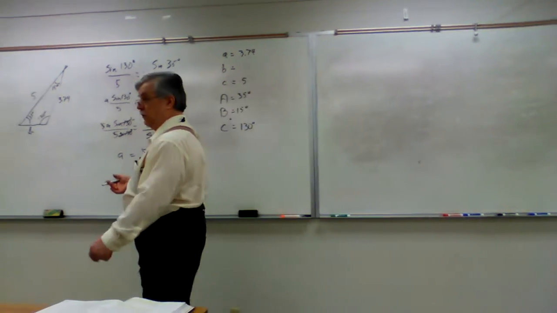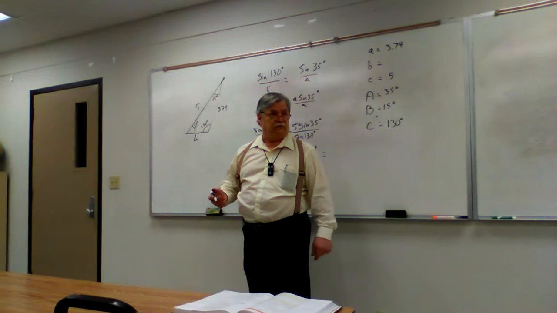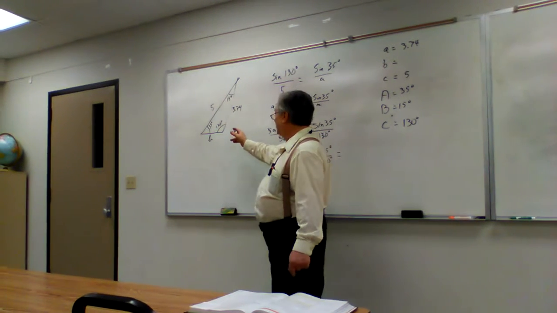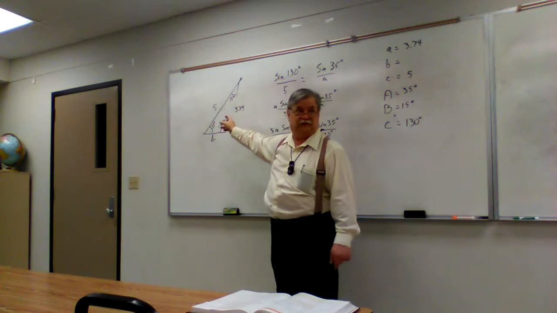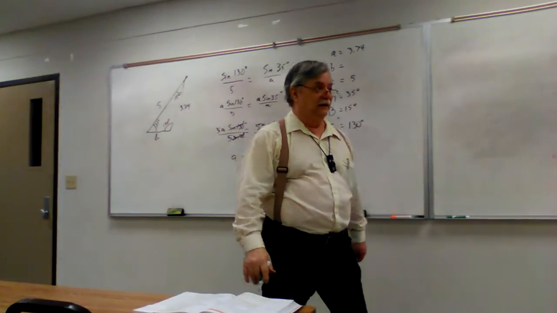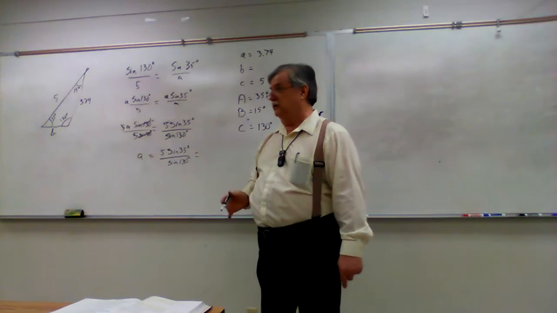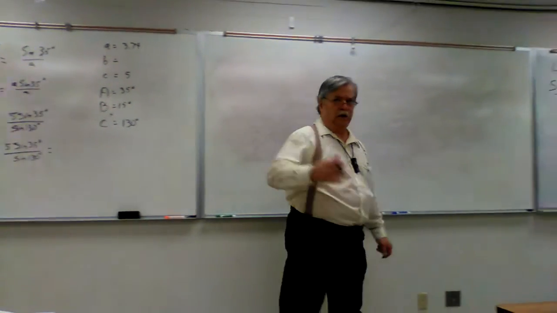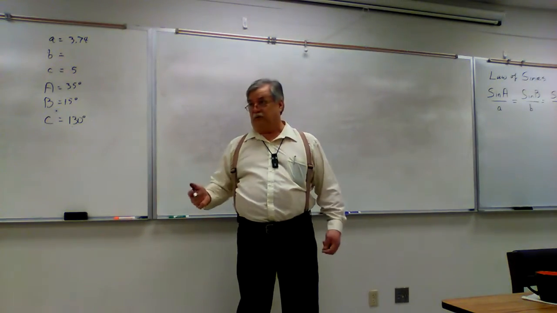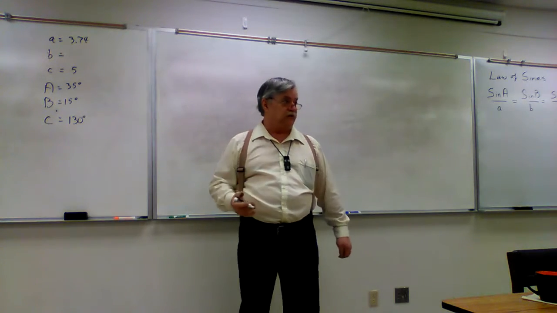I don't know what buttons he pushed, but I know that if he came up with 20-something, that can't be. It just cannot be. So, it's always good to think about the answers you're getting. What are they supposed to be? What do they mean? Do they make sense?